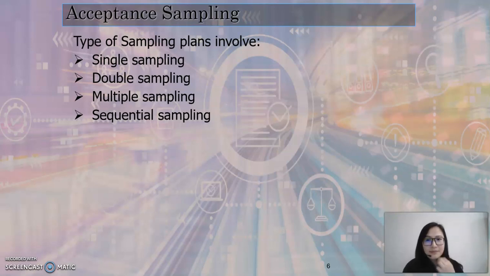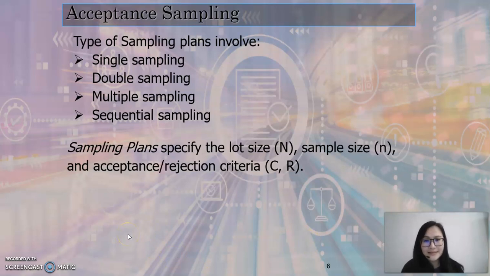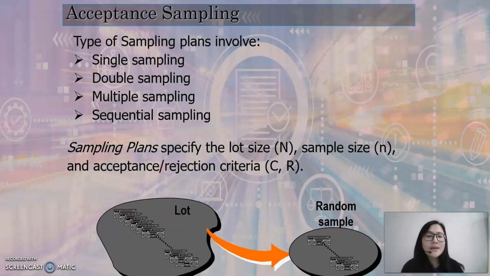For the single sampling plan and other plan types, we require a few important pieces of information. That is lot size, sample size, accepted and rejected number. What is lot size? Lot size is the quantity of the product. That means there is an actual value. For example, 5,000 units of a product.